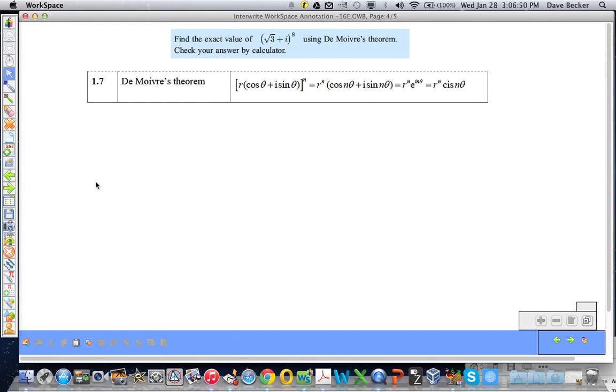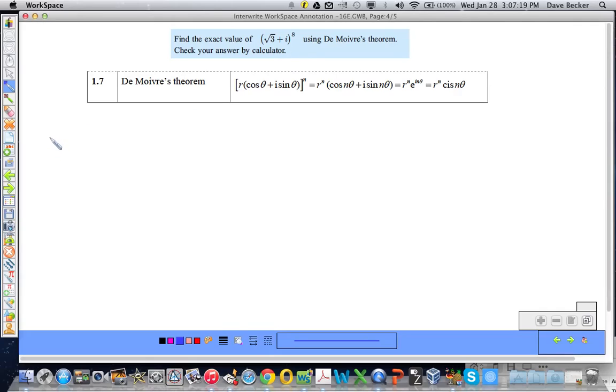So we can use de Moivre to find the exact value, meaning we're not going to do a decimal approximation, of the expansion of root 3 plus i to the 8th power. And then we'll check it with a calculator since you people don't believe anything that's not on a screen. So first of all, we're going to take root 3 plus i and write it in polar form.